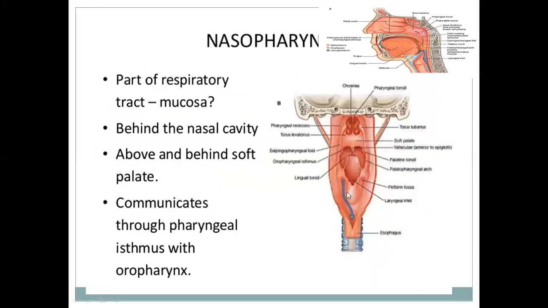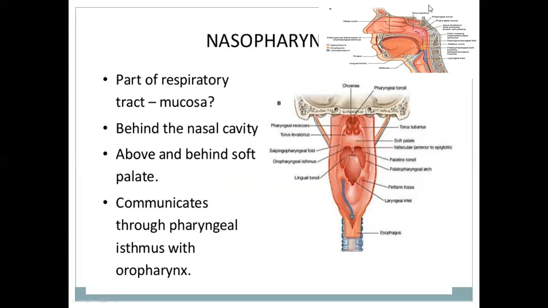This is again the anterior wall of the nasopharynx, part of the respiratory tract mucosa, pseudostratified ciliated columnar. The mucosa of the nasopharynx is the same as the nasal cavity, pseudostratified ciliated columnar.